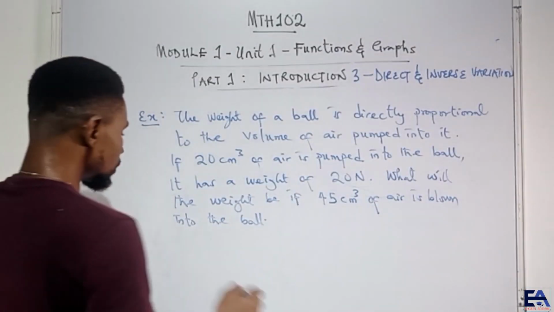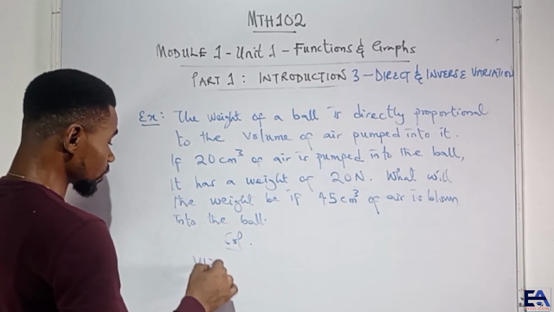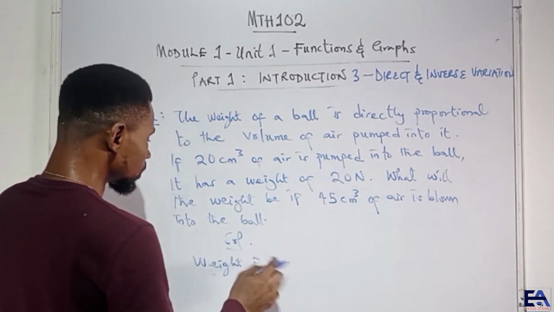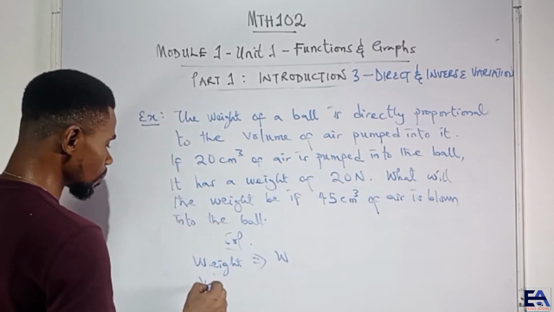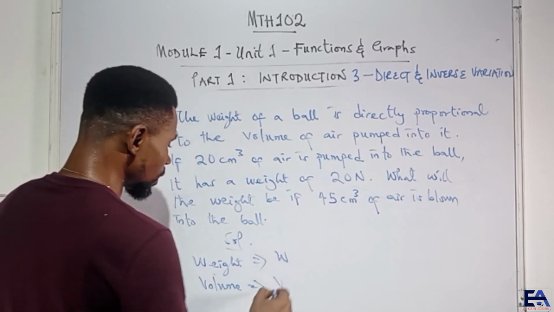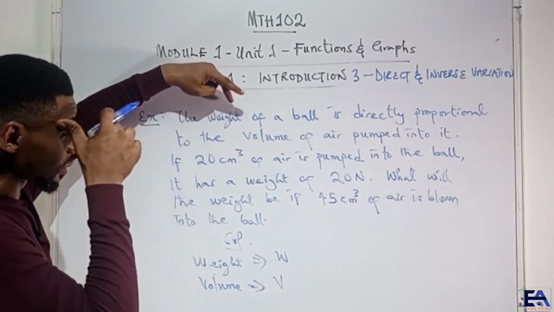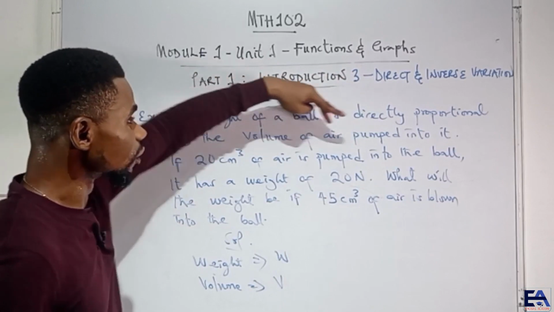To solve this question, we say let the weight of the ball be W, and let the volume of air pumped into the ball be V. From what we have here, the weight of a ball is directly proportional to the volume of air pumped in.